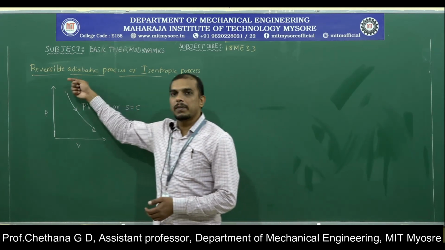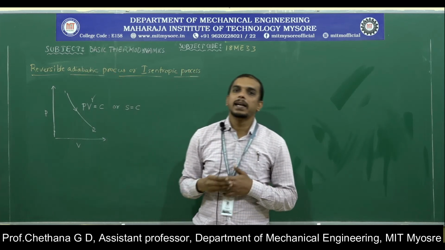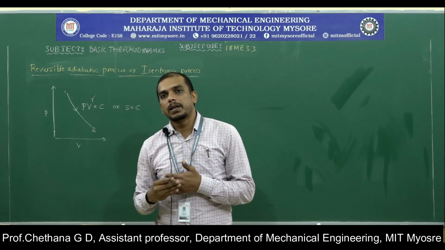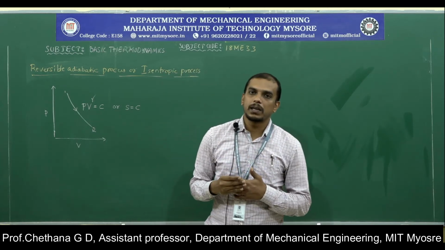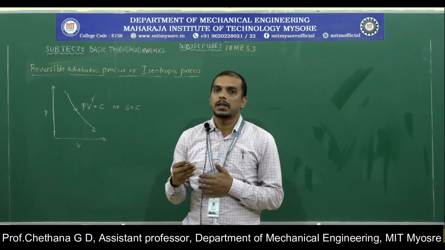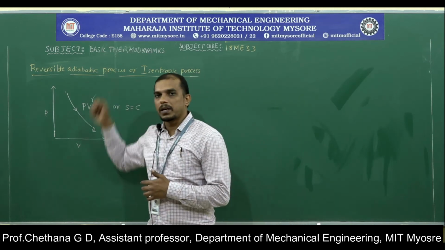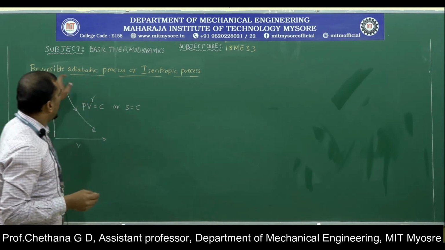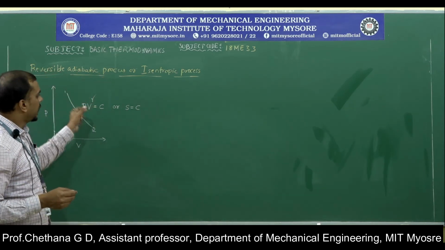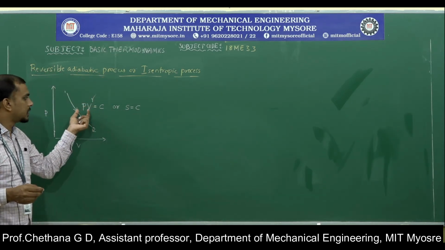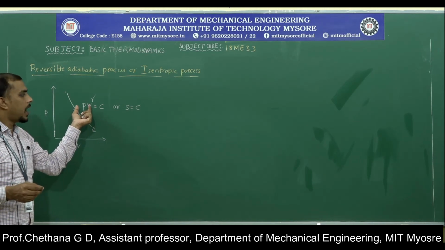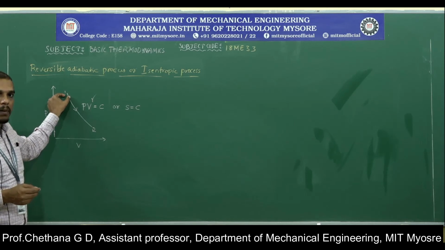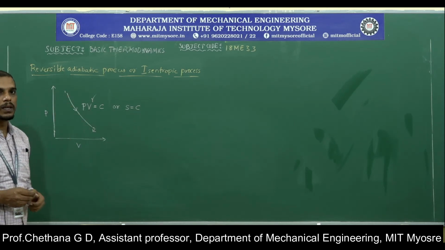Just know that reversible adiabatic process means adiabatic. We had defined already what is adiabatic. In adiabatic there is no heat transfer taking place between the system and surroundings. So reversible adiabatic means a process which can be reversed. In reversible adiabatic process, the PV power gamma value will be constant. That is, P1 V1 power gamma will be equal to P2 V2 power gamma.